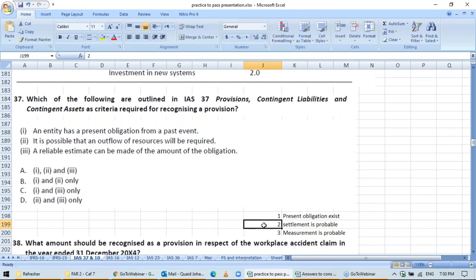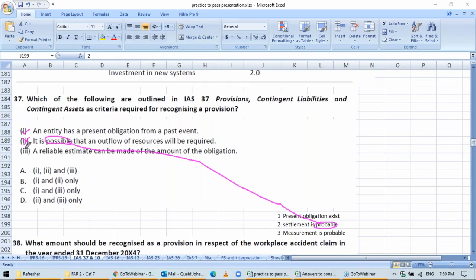Now, which ones do you find over here? See, this second item is not there. It is possible that an outflow of resources will be required. The word over here should have been probable, which matches with this item, settlement is probable. So the word is possible. Possible means less than 50% chance. So this is not there in IS 37.